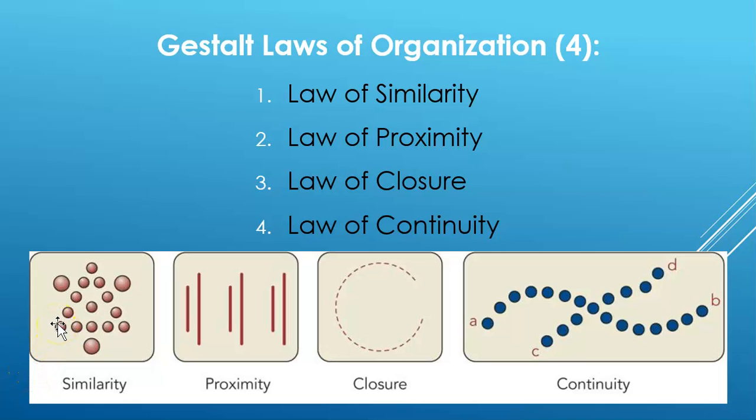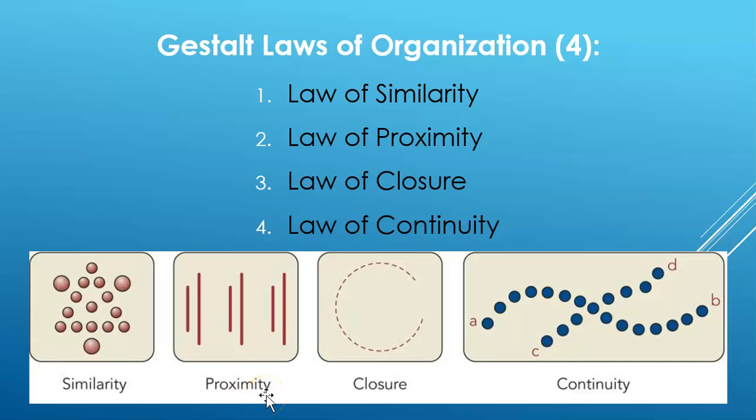For instance, what I see is a big triangle of little dots with one in the middle as a group, and then three big dots on the outside. My brain grouped all the dots that are the same size to form an image. If we didn't do this, maybe we'd group these together or this together. We could really group things differently if we're not using the law of similarity, but that's just confusing, so let's not do that.